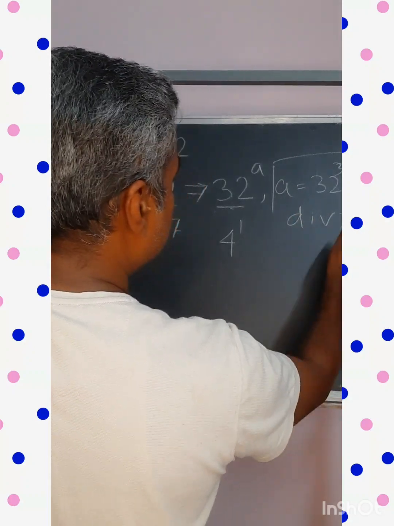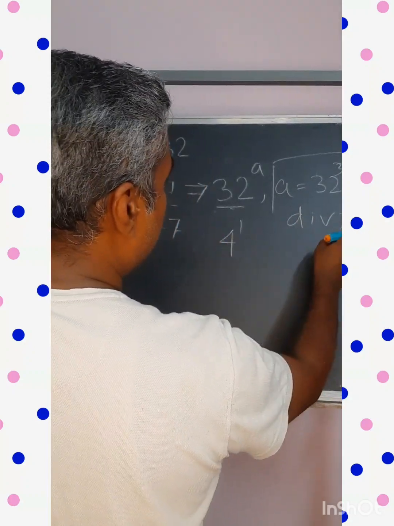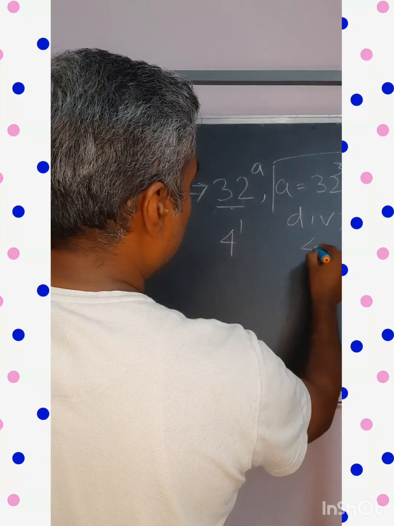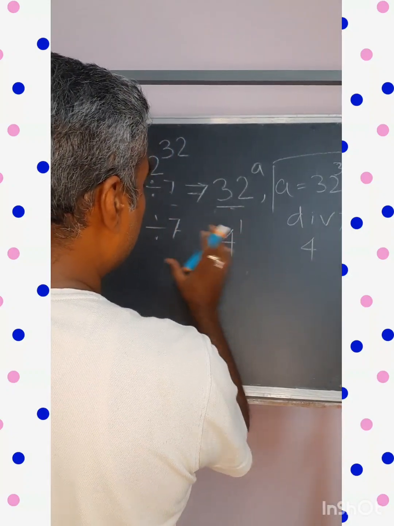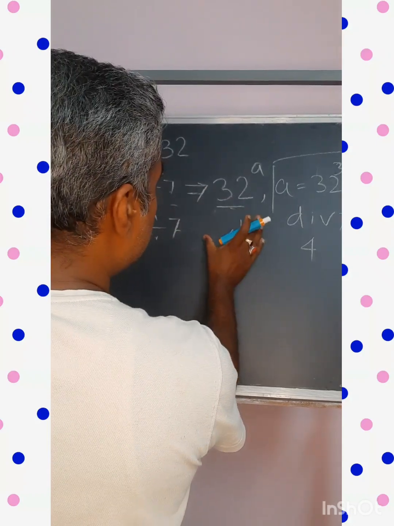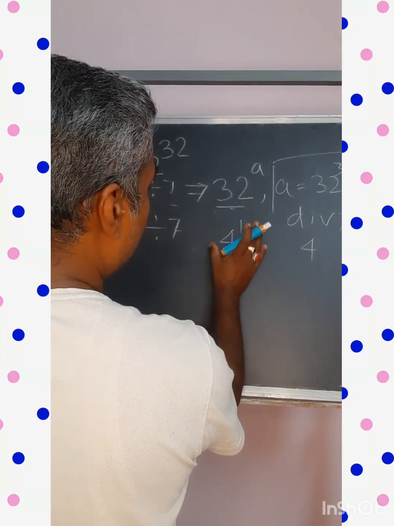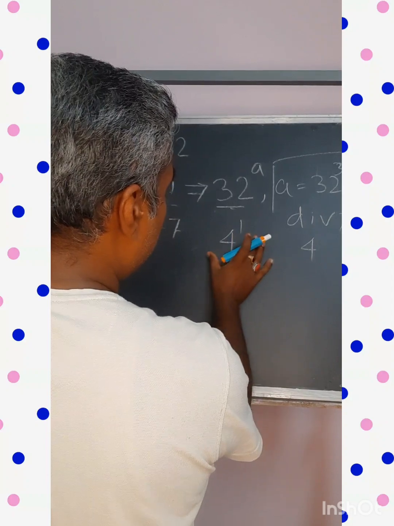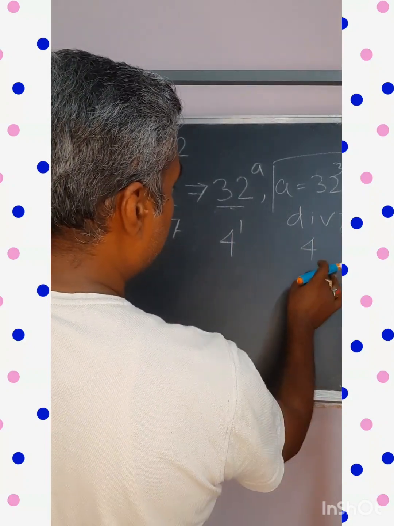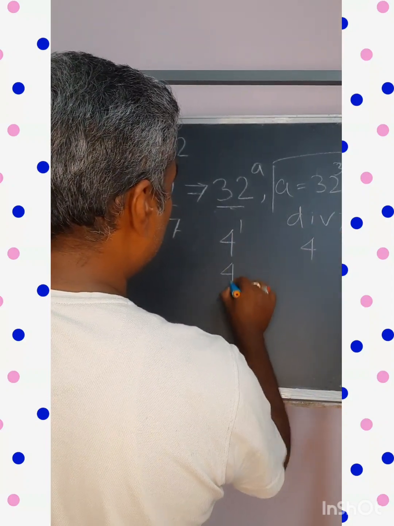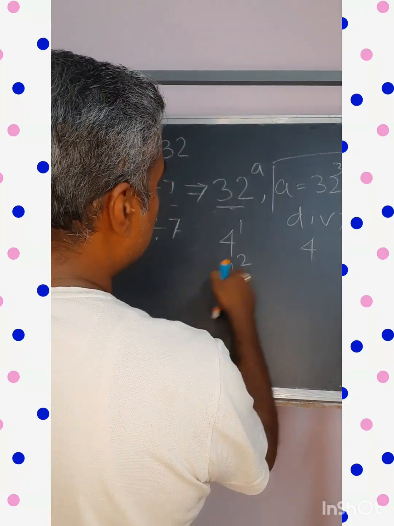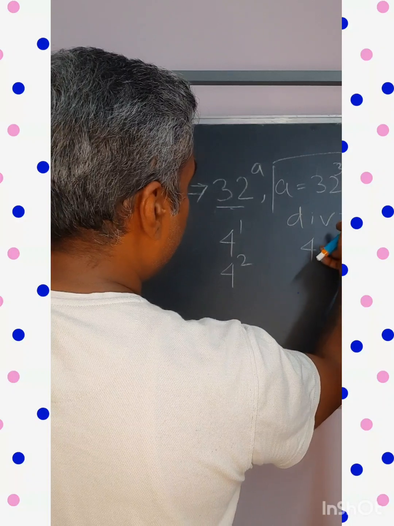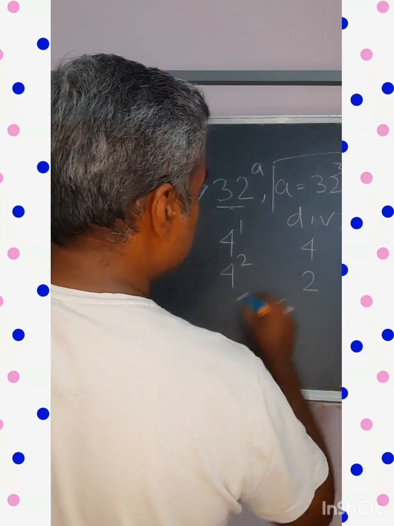Because 4 is not divisible by 7, it will give you remainder 4. Just think on this number exactly, don't think here and there. You just keep your concentration on 4 to the power 1, because that will give you 4. So divided by 7, it will give you remainder 4. Now 4 to the power 2. The result of this is 16. So 16 when divided by 7 will give you 2 as remainder.